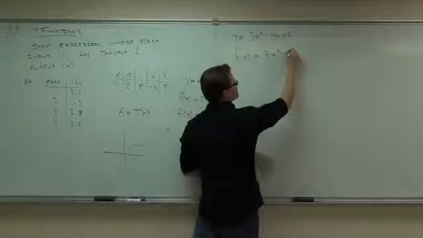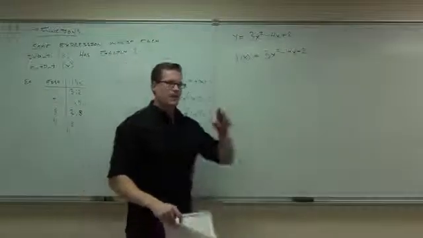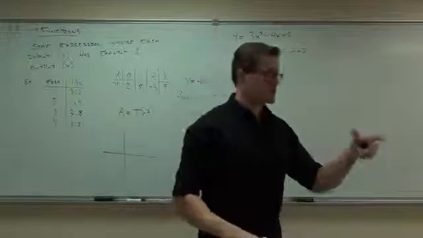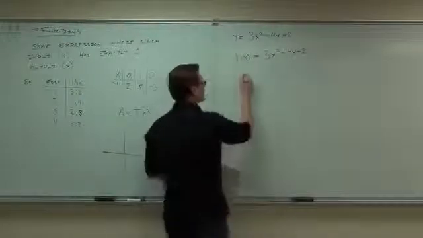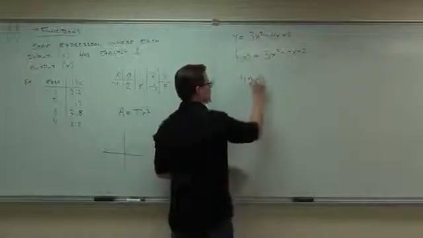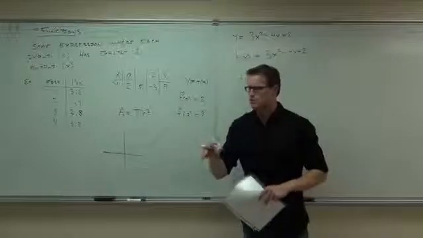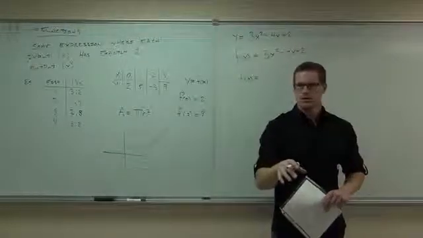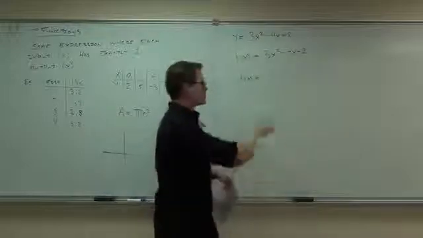Also, if I ask you to plug in a number, the notation will tell you inherently what number you plugged in. For instance, if I say find f of 0, what does f of 0 do? It's supposed to plug in 0 and find out what the output is. Can you plug in 0 here?